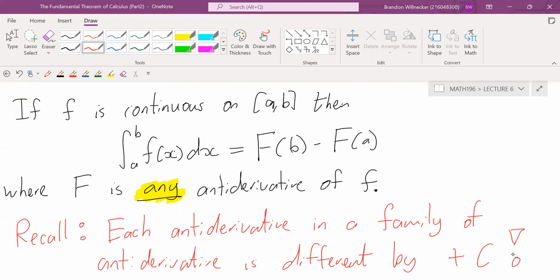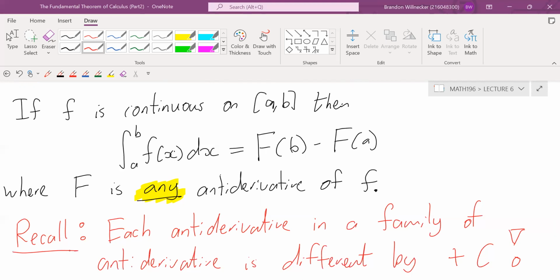So if you have an antiderivative and I have an antiderivative for the same function little f, then they differ by some additive constant plus c. Okay, so let's actually see now if this is well defined.